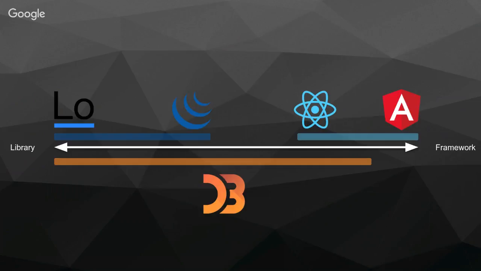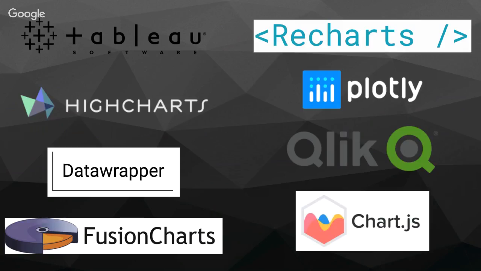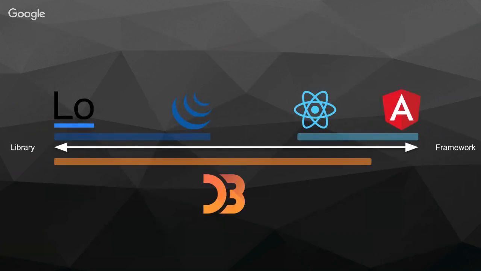But it does have lifecycle events, and you can manipulate the DOM like jQuery, and it has lifecycle events like React does. So it can be used on the more frameworky side. What I wanted to get across is that compared to these kinds of libraries, D3 is much more versatile.